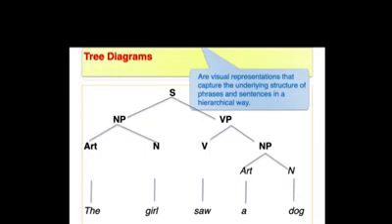Now the VP includes a verb, which is "saw," and a noun phrase. And then this noun phrase again consists of an article and a noun. So you see, we go from the larger constituents into the medium constituents, like phrases and so on, into the word-level parts of speech constituents, or different words that we use.